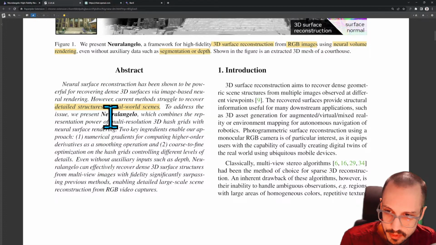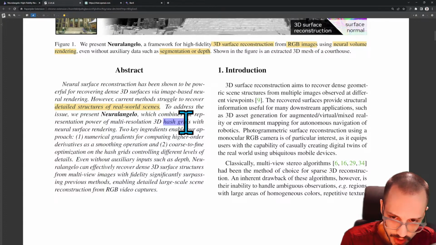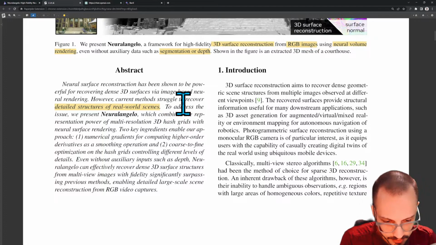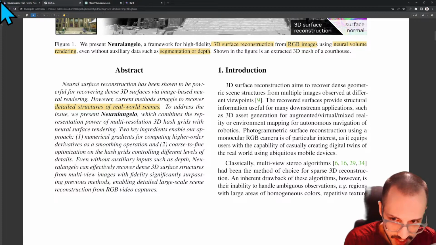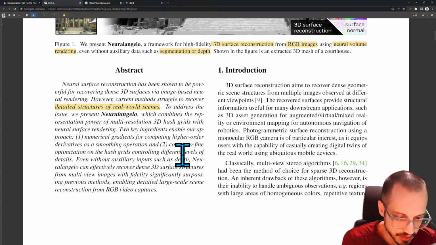To address the issue, we present Neuralangelo, which combines the representation power of multi-resolution 3D hash grids. So a hash is a map, a mapping between a key and a value, right? If you guys are familiar with Python, a dictionary is technically a hash map, which is mapping the key, which is usually a string, into a value, which maybe is a number or something like that.